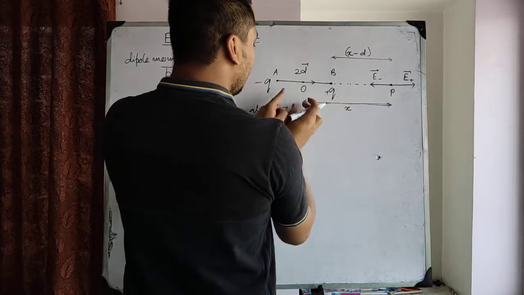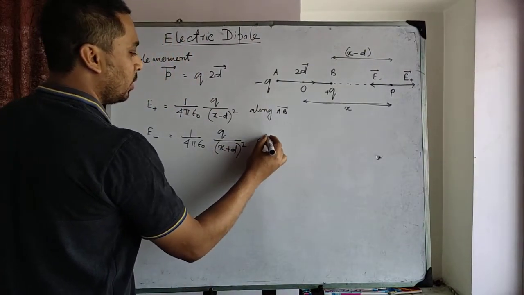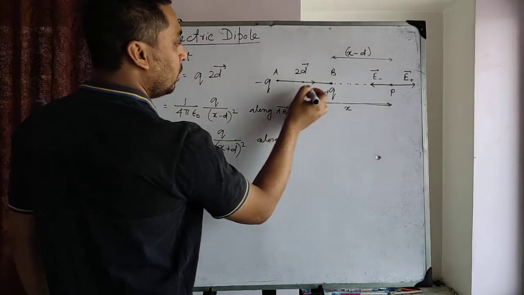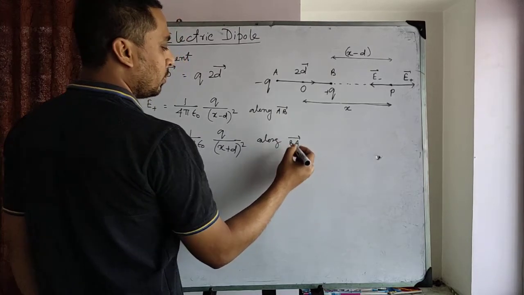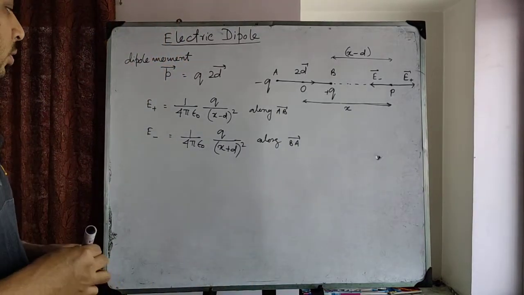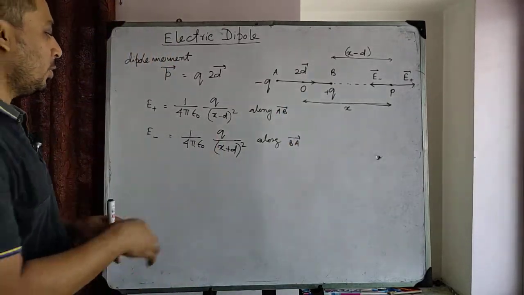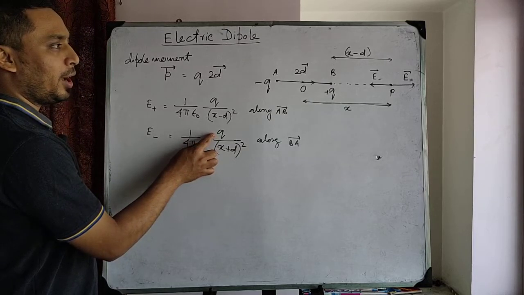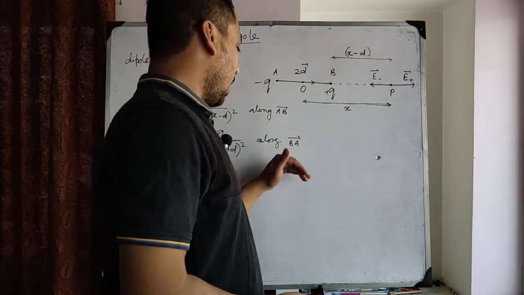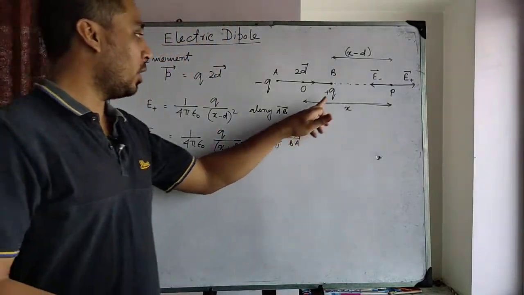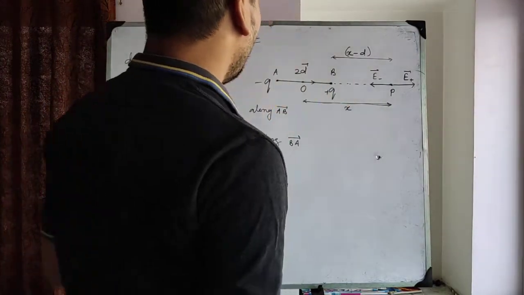So this is x plus d, so x plus d whole square, along BA. Why along BA? You have noted that I haven't used the minus sign here, because I have represented the direction along BA, not along AB.